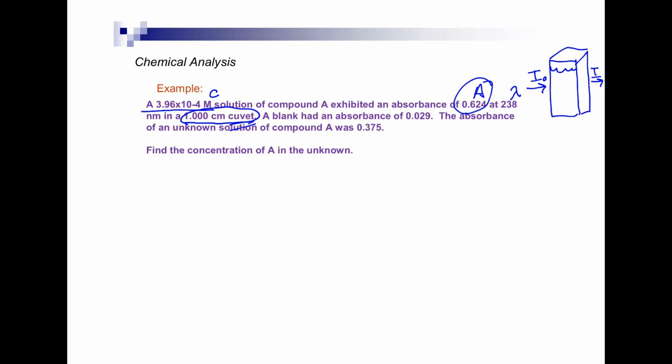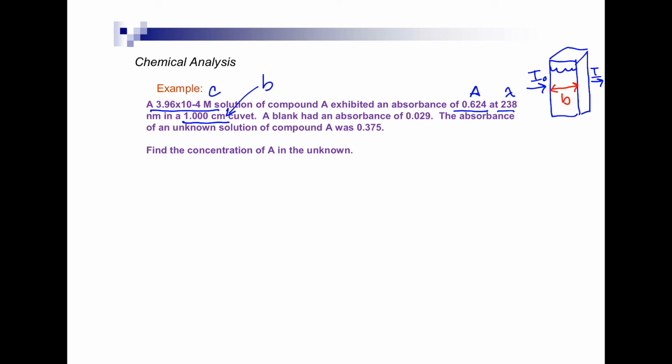But the cuvette, in this case, represents the thickness of our cell. So that is b, the path length or the thickness of the sample. So this 1.00 centimeter cuvette represents our path length, our b.